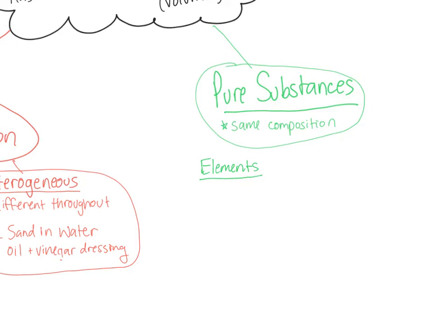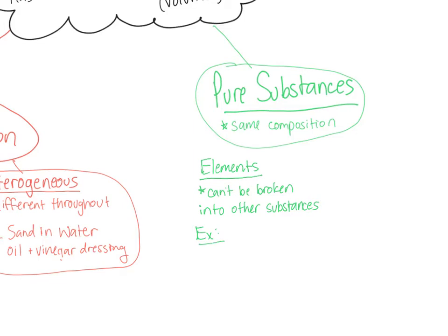And elements are things that can't be broken into other substances. Okay, they can't be broken into other substances. I can't break them down into anything else that is particularly meaningful. Okay, so an example of this would just be literally anything on the periodic table.